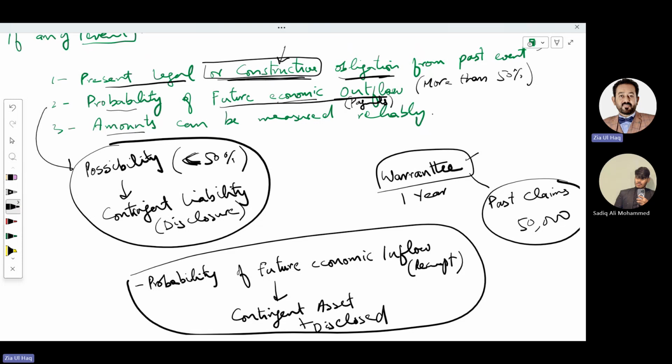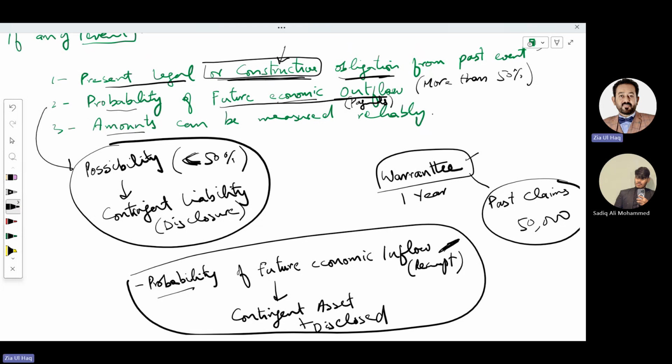Like a customer sued us, we sued the supplier. He provided us expired goods. And if there are more than 50% chances we will receive the amount from the supplier, meaning probability, in that case, we will disclose contingent asset. If less than 50% chances, we will ignore. There shouldn't be any contingent asset.